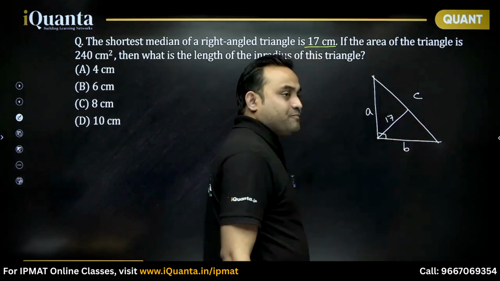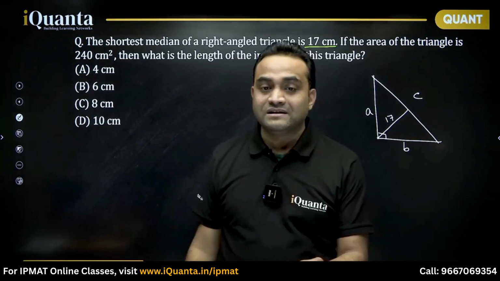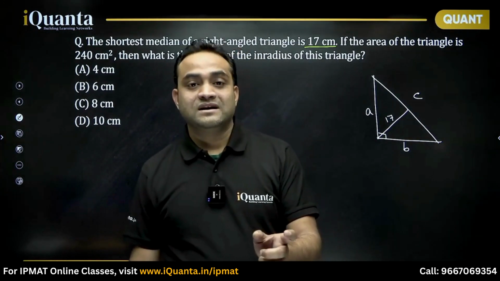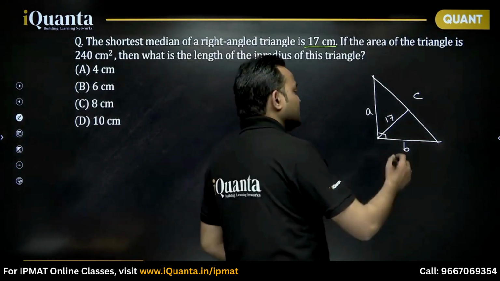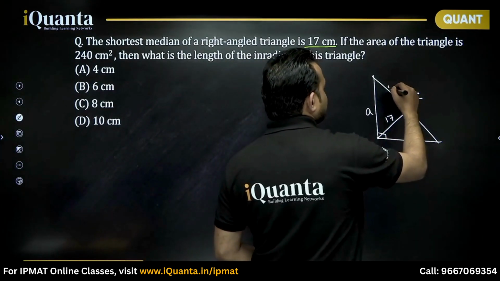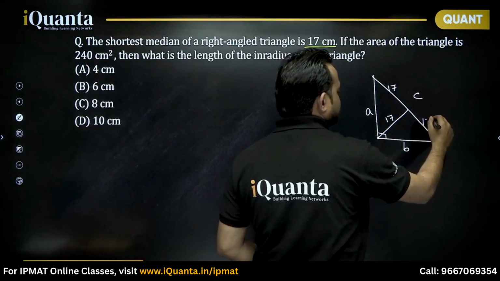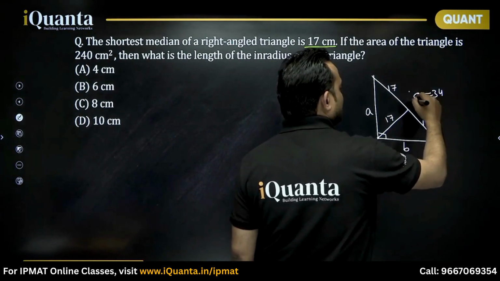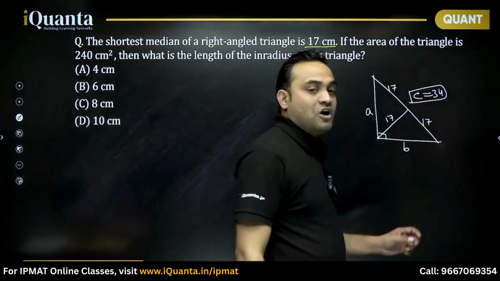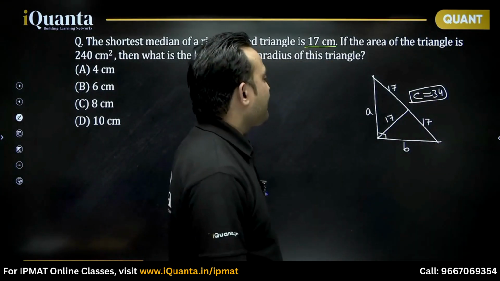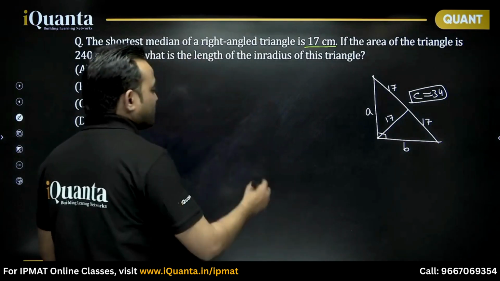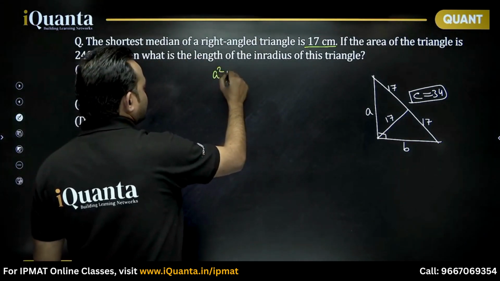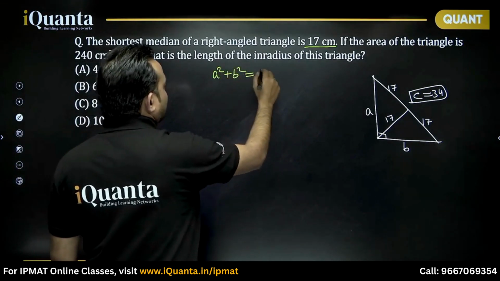There is another property in a triangle that a median divides the hypotenuse into two equal lengths. That is also equal to this median. So if this is 17, this length will also be 17, this length will also be 17, C will be equal to 34. So the hypotenuse of this triangle is 34. Now what we can say is that we have A square plus B square is equal to 34 square.